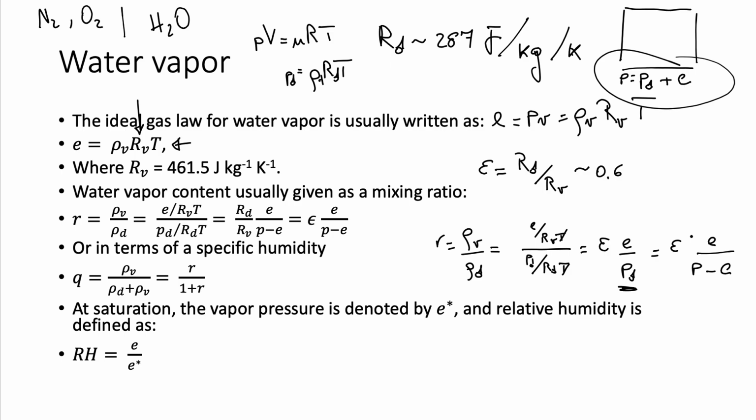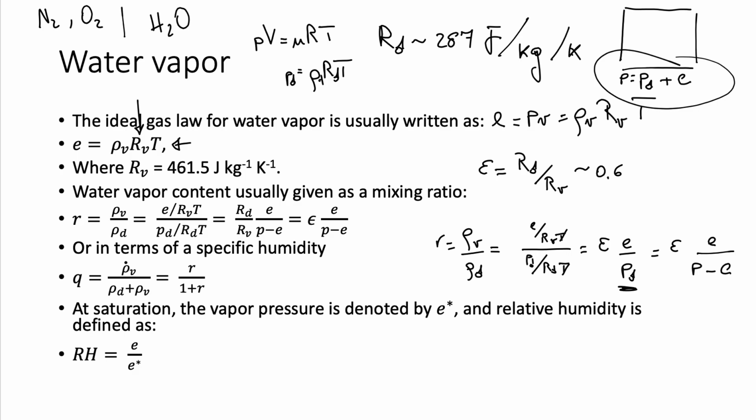Another way to quantify the amount of water vapor present is through specific humidity. Specific humidity is defined as the ratio between the density of water vapor, divided by the sum of the density of the dry air and the density of water vapor. It shouldn't take much for you to realize that this is a close cousin of the mixing ratio.